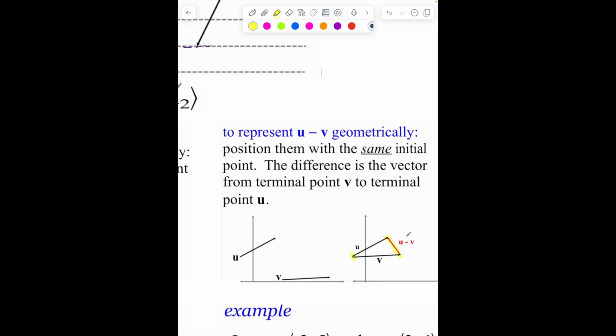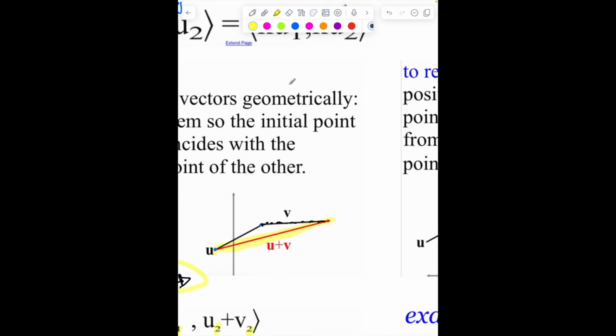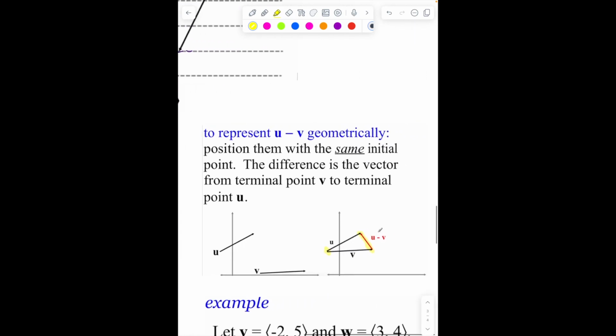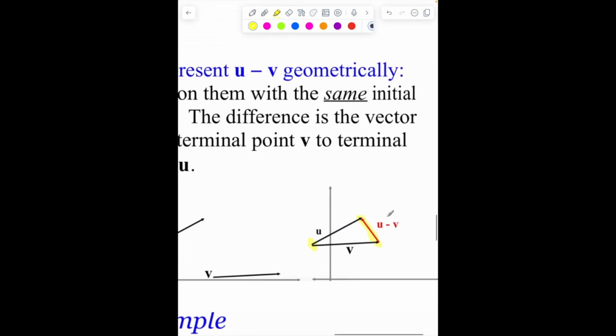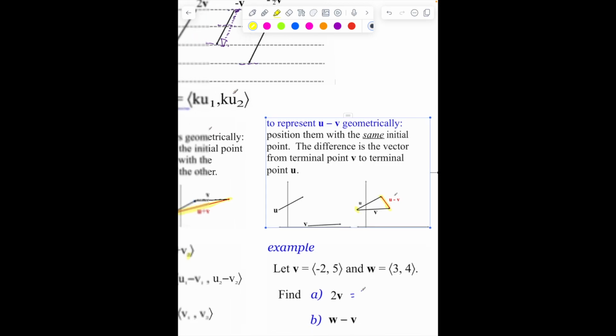And then what's created in between is my answer, my vector. So you can see it's significantly different from when we did U plus V, and I had to go from where I started to where I ended, versus U minus V, I started at the same place and then I connected the difference. And again, that word difference should hint at subtraction.